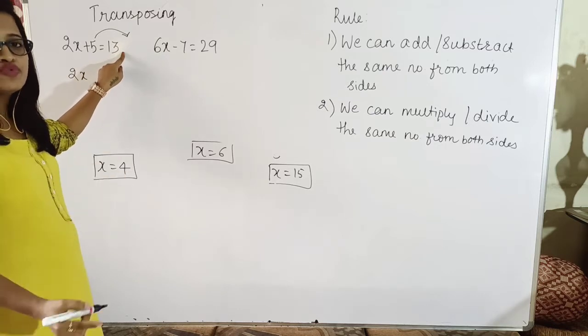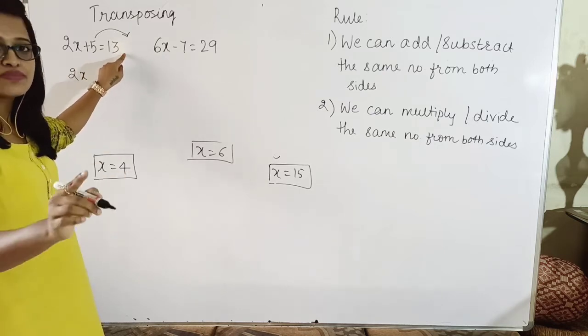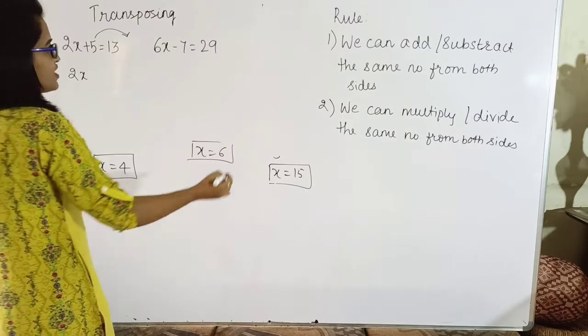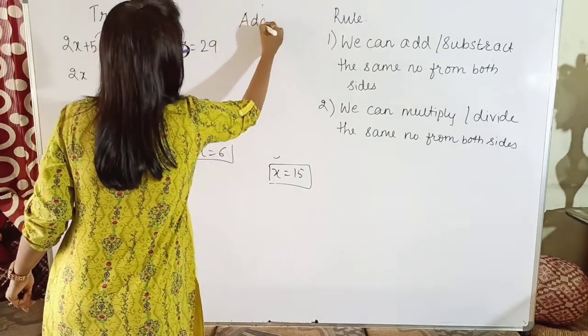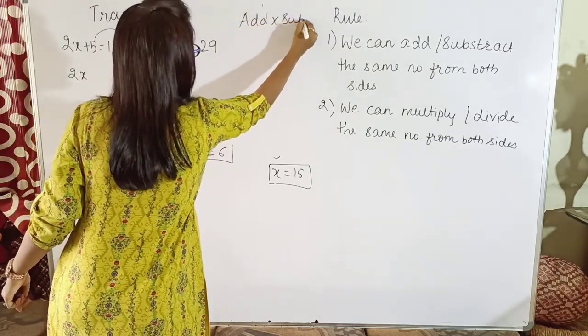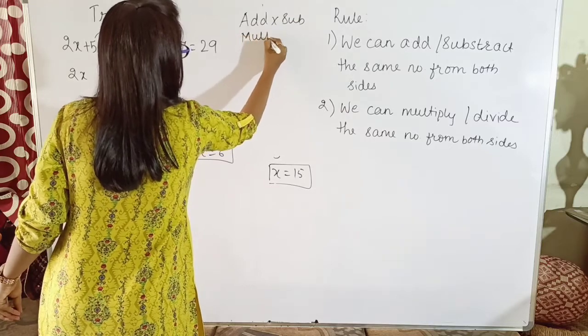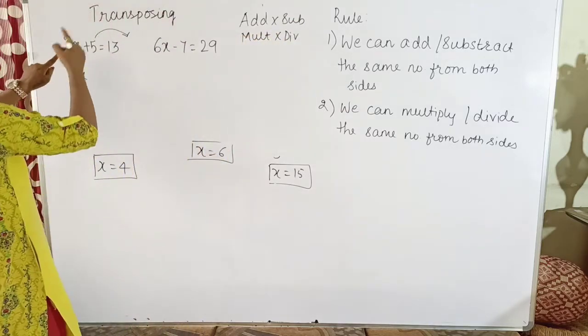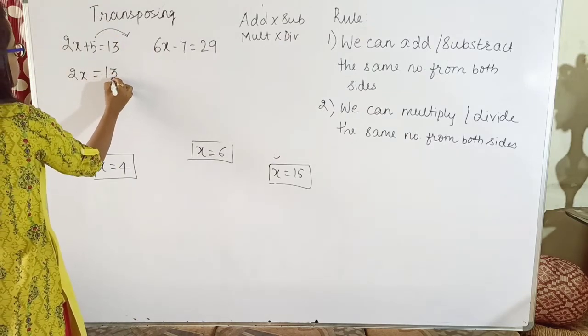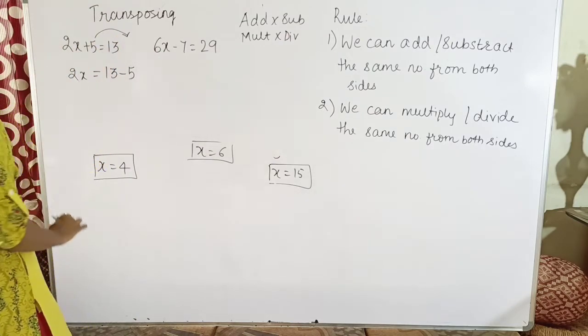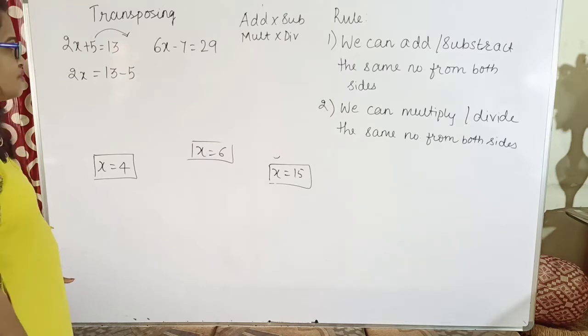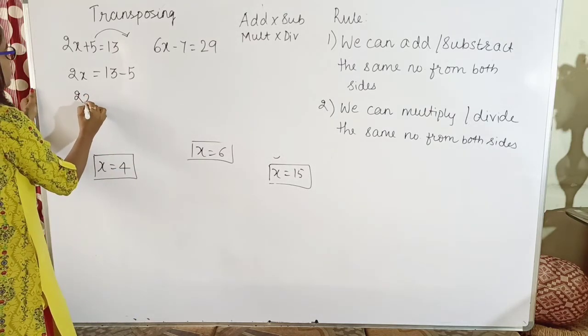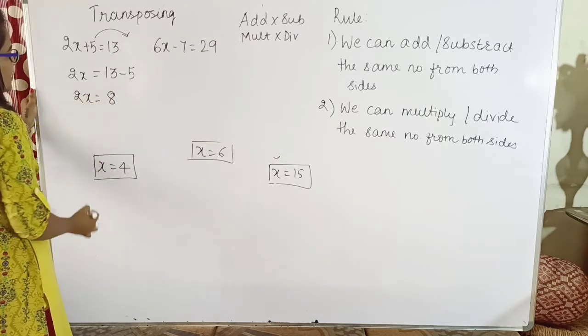The exact opposite, that is 5 will be subtracted. What is the opposite of addition? The opposite of addition is subtraction, whereas the opposite of multiplication is division. So if 5 is being added here, after going on RHS, it will go in subtraction. So here it is plus 5, after going on the other side, it will be minus 5, which will give me 2x equal to 8.